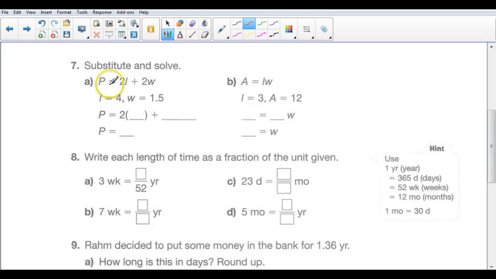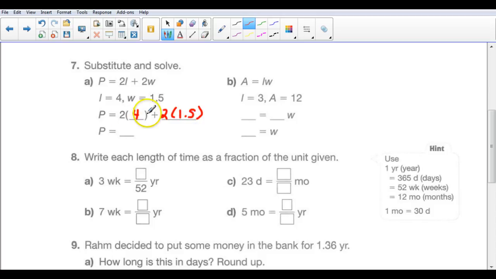Substitute and solve. Perimeter equals 2 times the length plus 2 times the width. This sounds like it's for the perimeter of a rectangle. So when it says to substitute and solve, we take the numbers that they have for the variables and substitute them in. So if the perimeter is equal to 2 length plus 2w, and the length is 4, the width is 1.5, so this will be 2 times 4 plus 2 times 1.5.